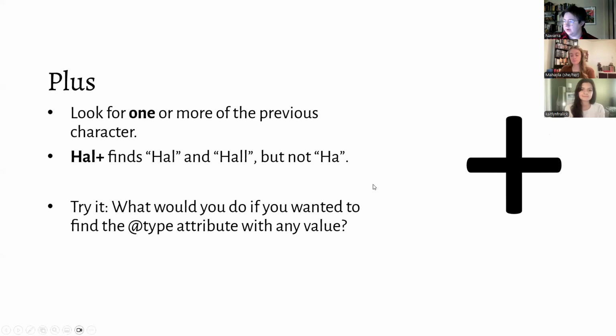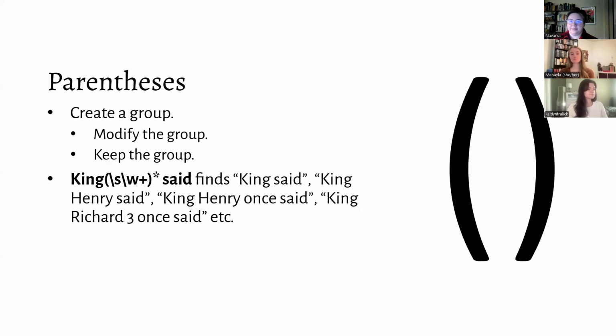So we got our \W plus, and that's going to find any single value on the type attribute. Now, let's say we want to modify a bunch of characters with the asterisk or with the plus sign all at once. We want to create a group.